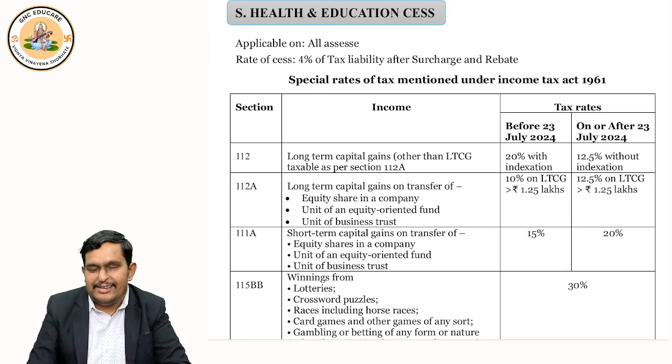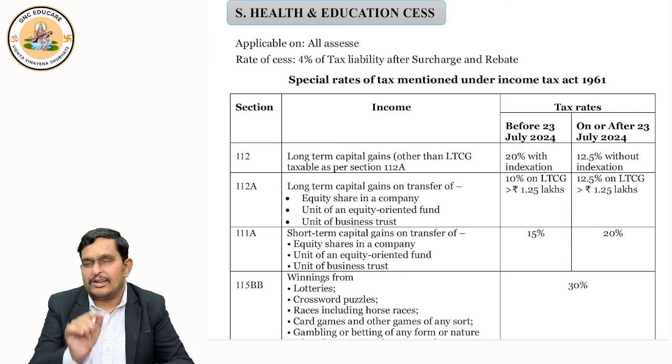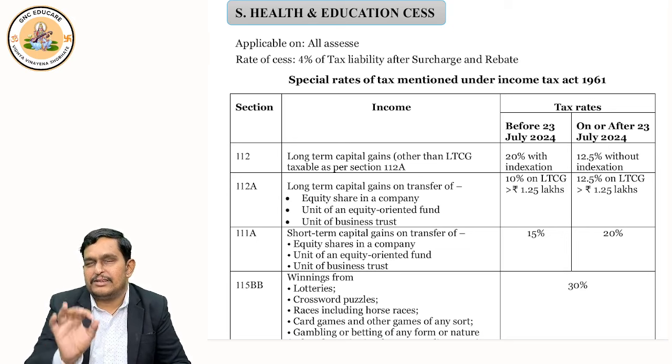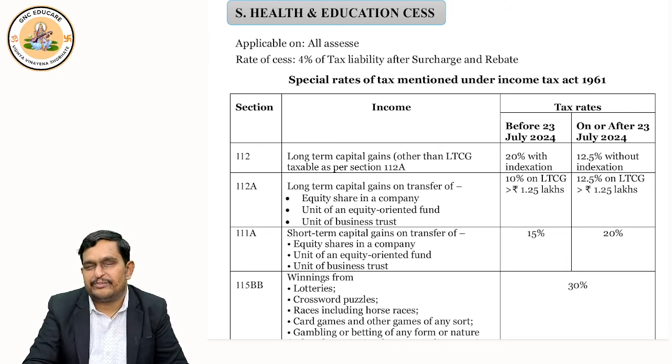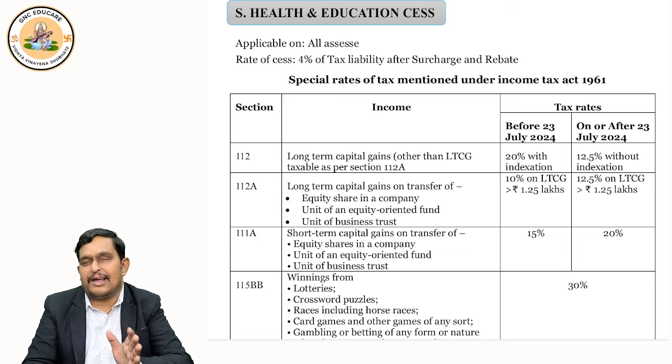Okay, these are the tax rates which I wanted to tell you. Again, repeating for all of you. Come on, listen. If it is your lottery income or online gaming income, 30% rate of tax. If it is undisclosed income, 60% rate of tax and 25% surcharge, 4% health and education cess. That's normal. And if suppose you are earning long-term capital gain under 112, I said, then before it was 20, now it is heavily decreased, only 12.5%.